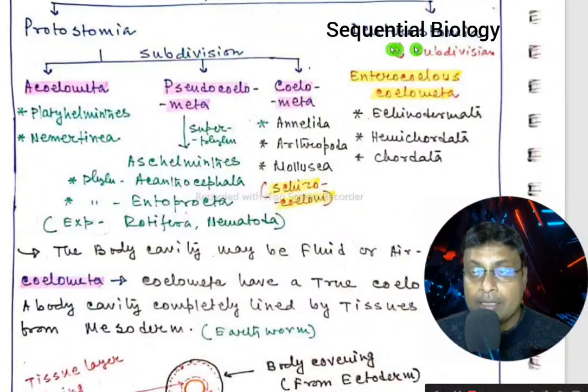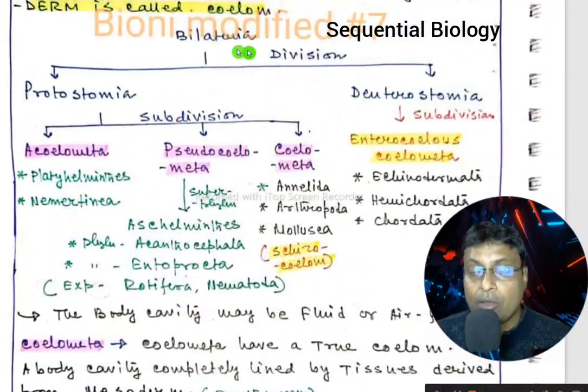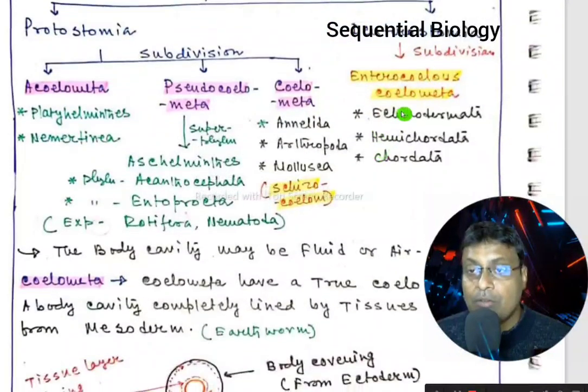And in deuterostomia, the enterocoelous coelom can be found. This type of coelom is found in phylum Echinodermata, phylum Hemichordata and phylum Chordata.